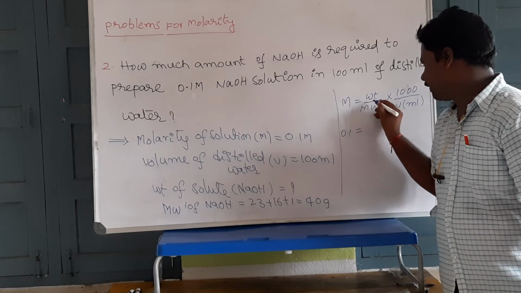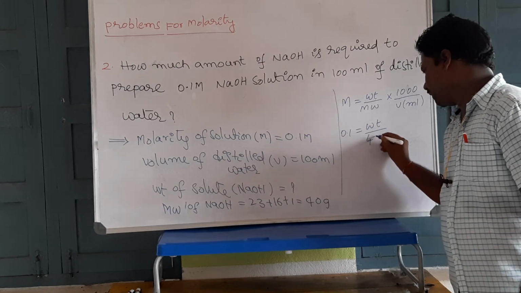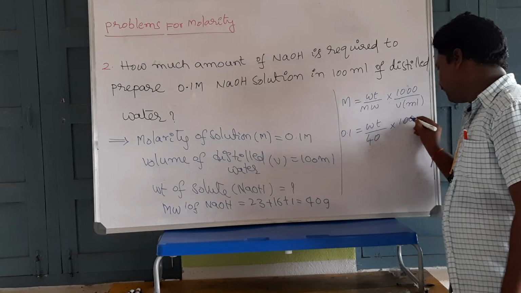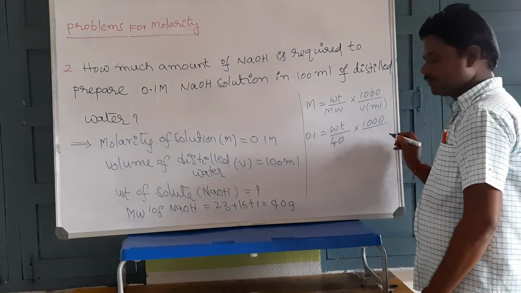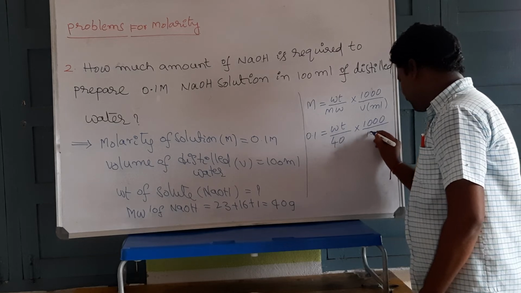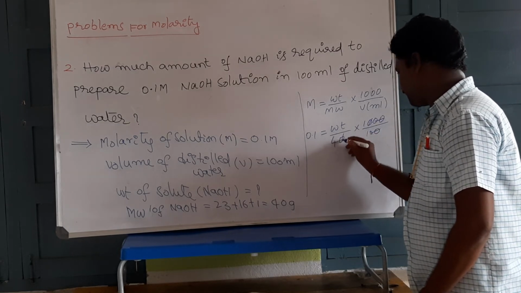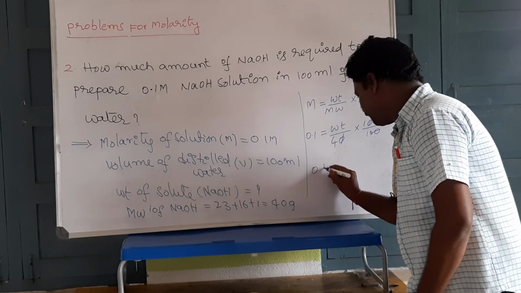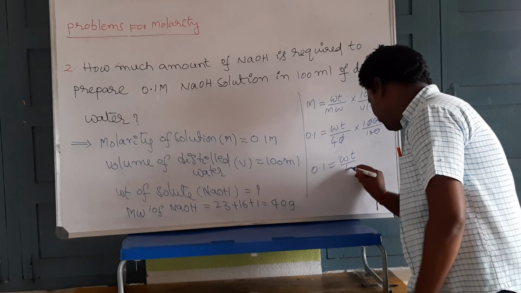Substitute here: weight of solute, molecular weight of solute 40 grams, into 1000 by volume of solution, 1000 by 100. 20 cancels, this 0 cancels. So 0.1 equals weight of solute by 4.